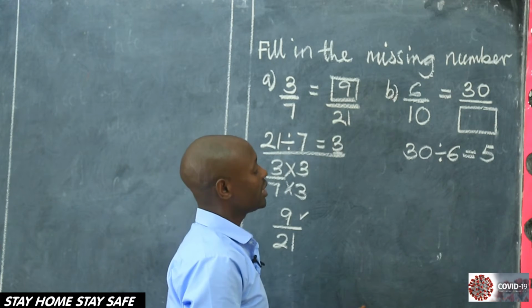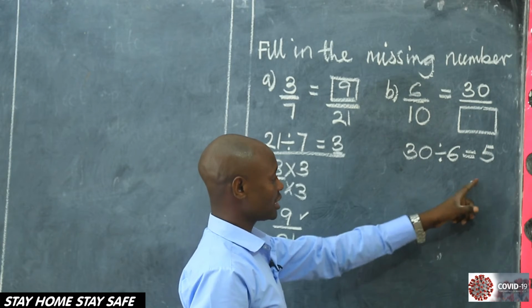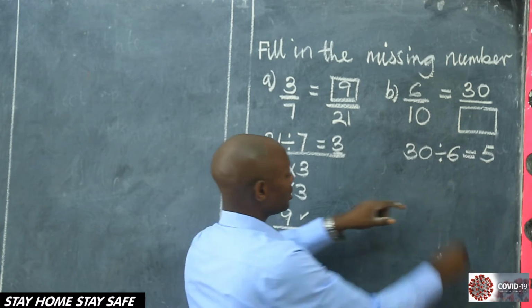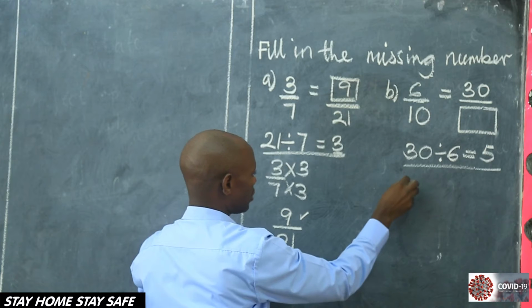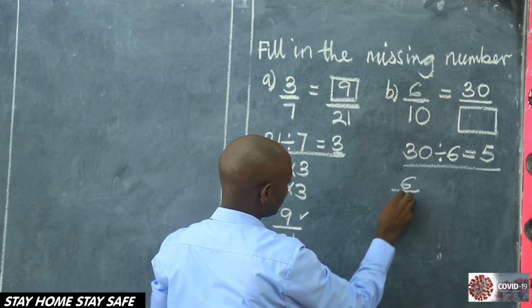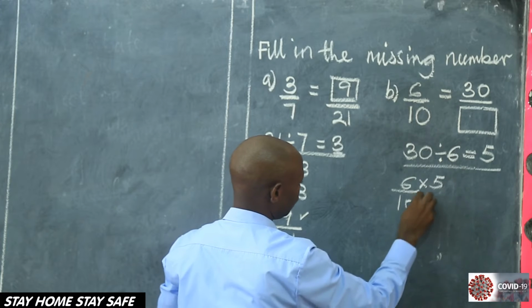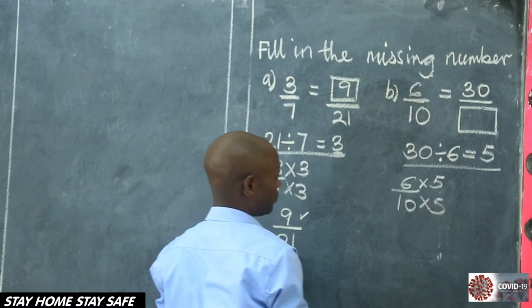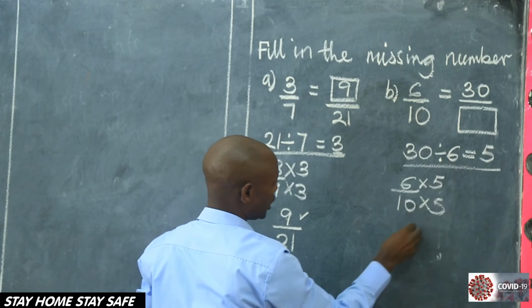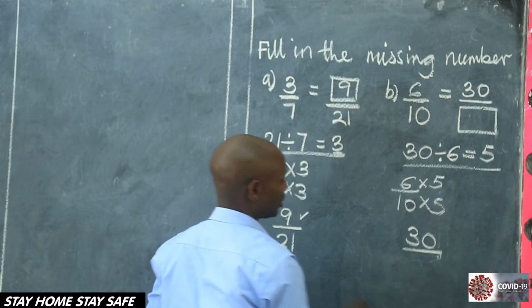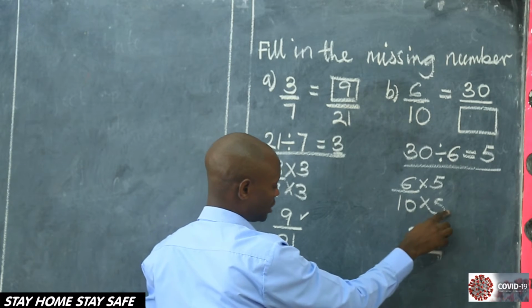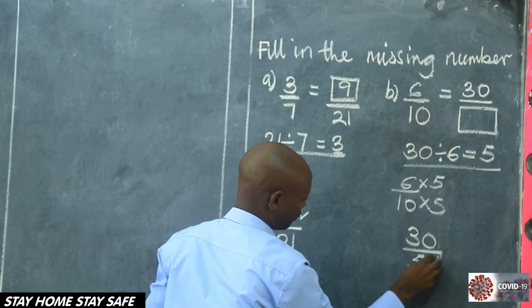So it means our common factor which we are going to use is 5. So we shall have 6 out of 10. We multiply this side by 5, even here by 5. 6 times 5, we are getting 30. 10 times 5, we are getting 50.